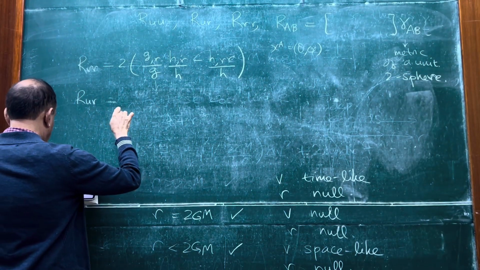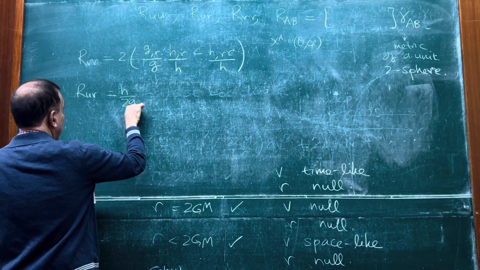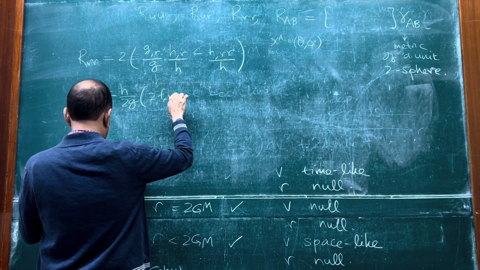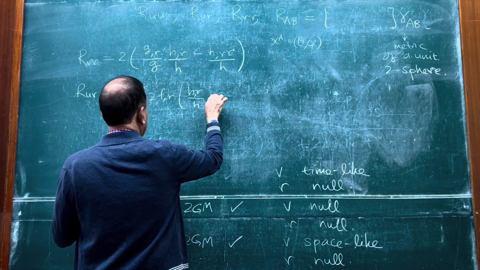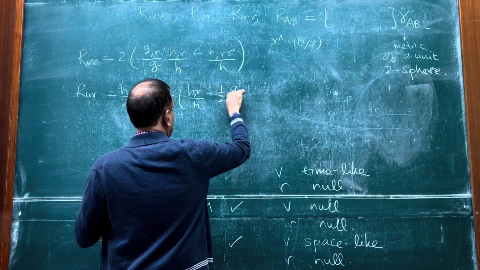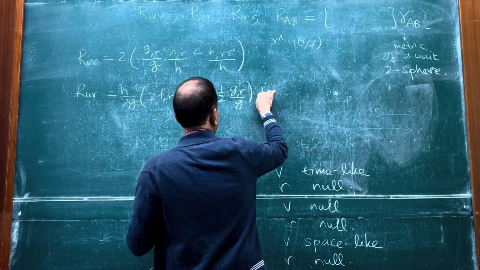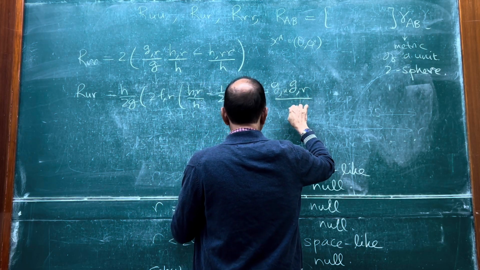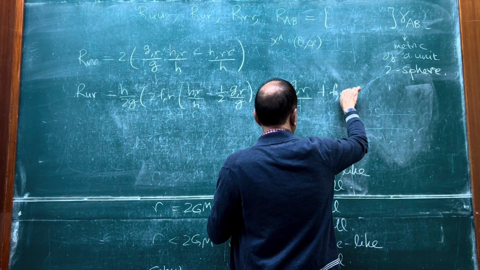R_UR is a bit more complicated. It's H by 2G, 2F comma R, H comma R upon H minus half G comma R upon G plus G_U G_R. It's really a painful exercise in partial differential equations.